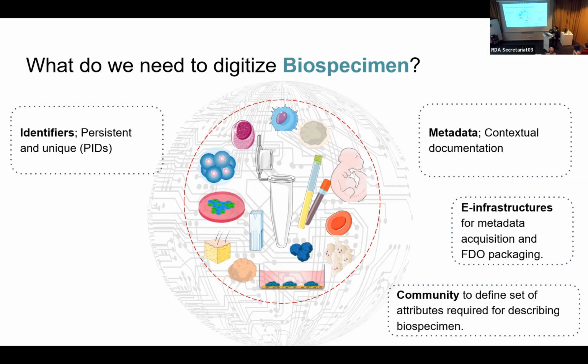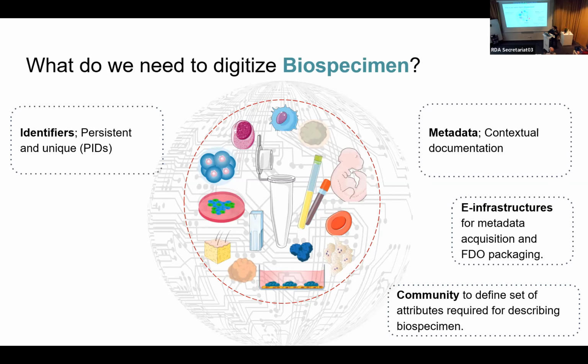If we don't make it easy enough, they're not going to go out of their way to use it. But we also need community for metadata, and community plays a really important role upstream and downstream. They play a role in creating the metadata and defining what attributes are important to have for this specific community, and they're also important downstream in terms of adoption.